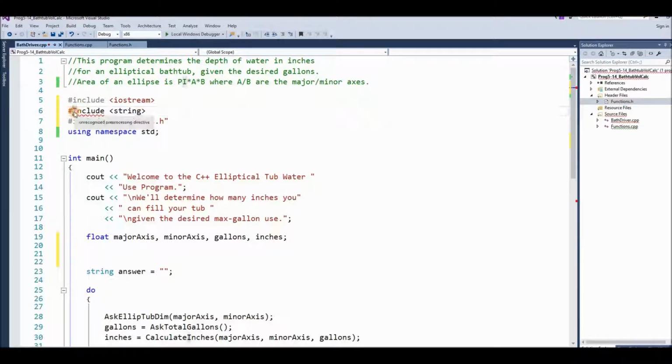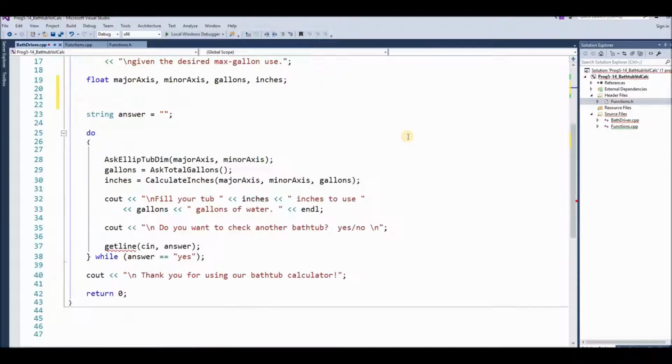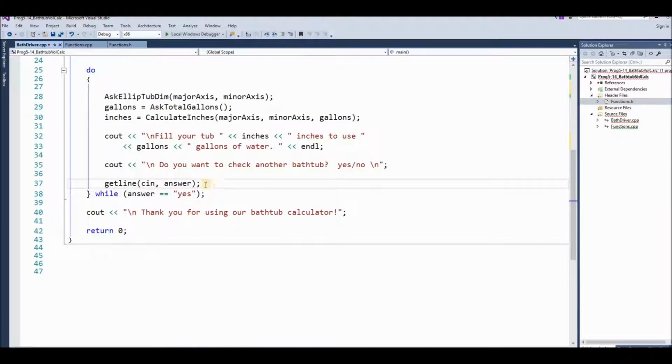Okay, so don't capitalize your pound include. There we go. And now you see that goes away. So instead of telling us you need an include for string, it says that getline is undefined. You have to analyze the whole expression sometimes to find out where the real error is.